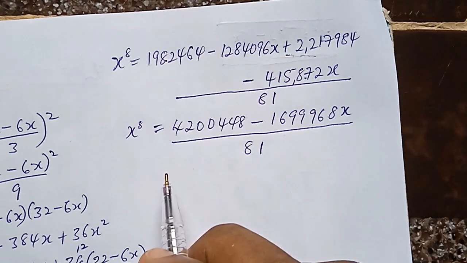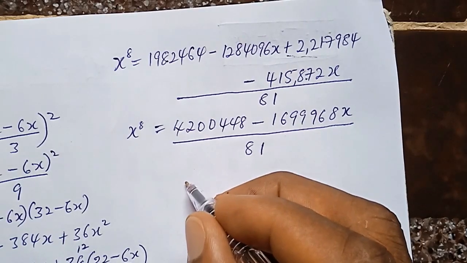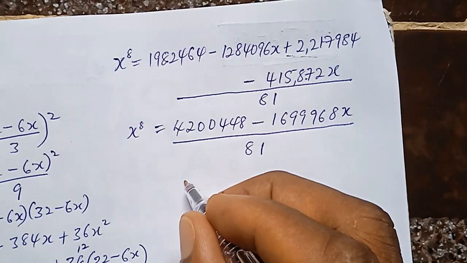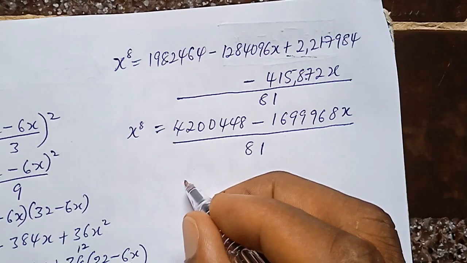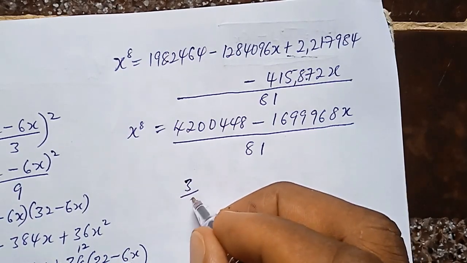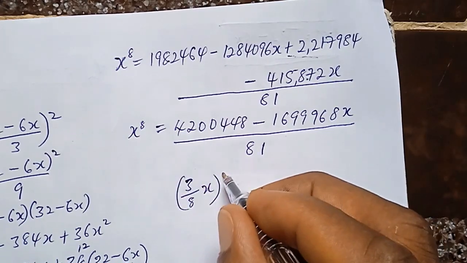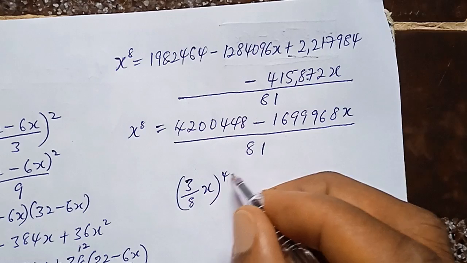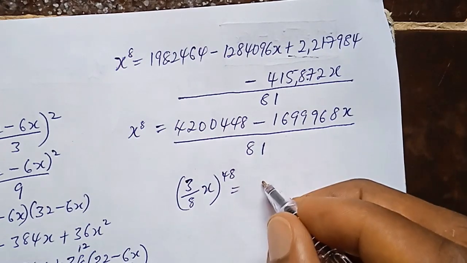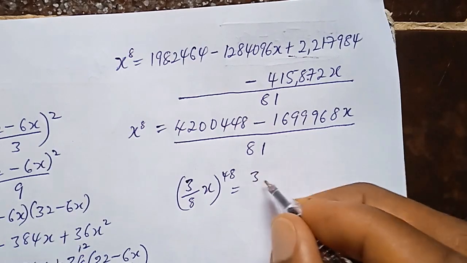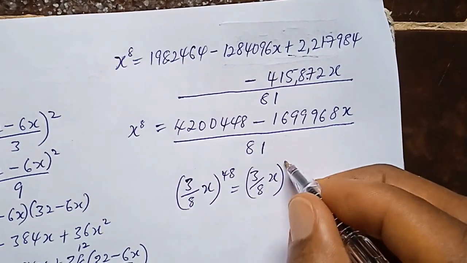Having gotten this, we now recall that 3 over 8 x all into brackets power 48 can be written as 3 over 8 x all into brackets.